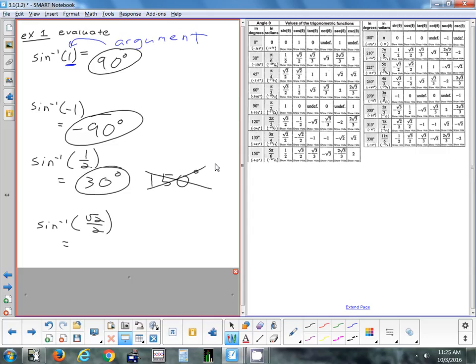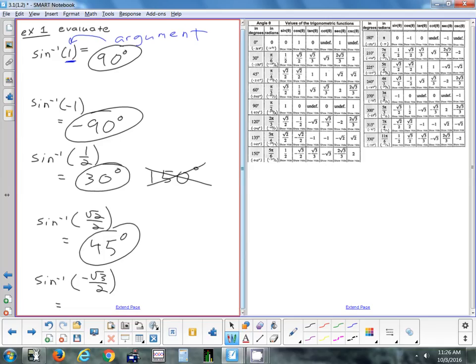Yeah, 45 is one of the answers. And does anyone see the other answer? Alyssa? 135. So both of those are the answer, but we have to pick the one that's between, what, two numbers? 90 and negative 90. So which one do we want here? The 45. Yep.